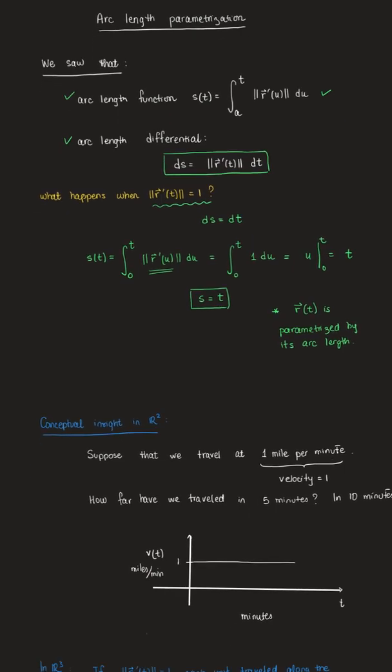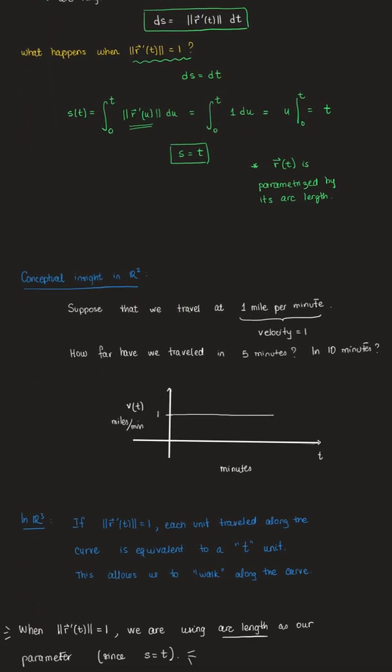Well, let's go back to Calc 2 for a moment. And imagine that we have a velocity of 1 mile per minute. I'm driving my car at 1 mile per minute. The magnitude of my velocity, or my speed, is 1. How far do I travel in 5 minutes? Well, here's a very easy graph where the speed is 1.